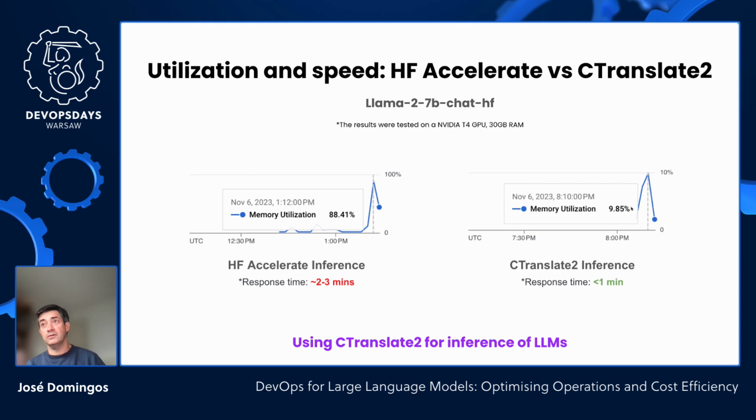So a 10 times smaller model, and we've accelerated the inferencing by 2 to 3 times faster.